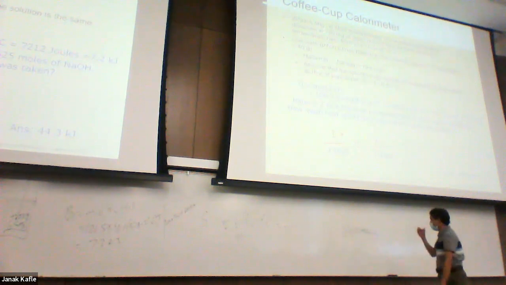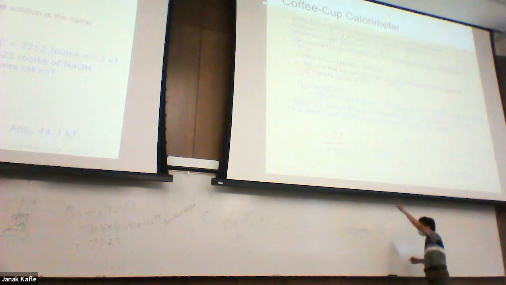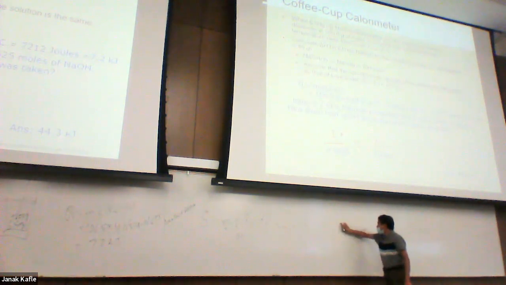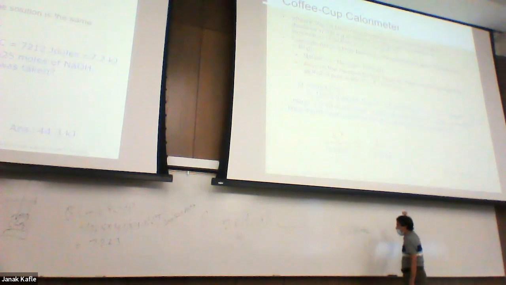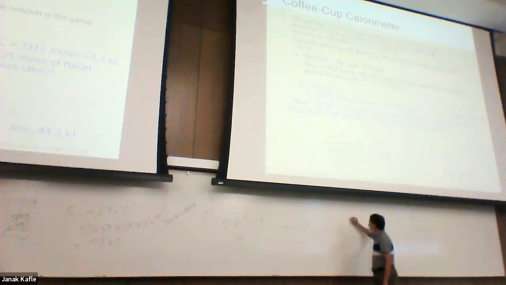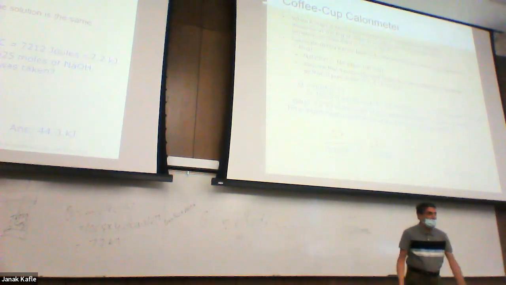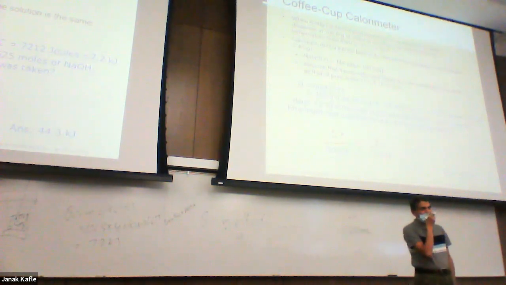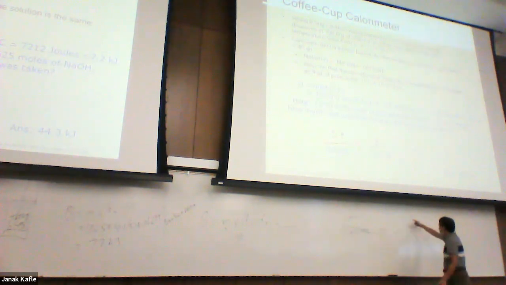So if 0.1625 moles gives this much heat, the question is asking how much heat you would produce by reacting 1 mole of NaOH. So we need to calculate that for 1 mole. Make sense? Now let's take the ratio and you can get the heat for 1 mole.